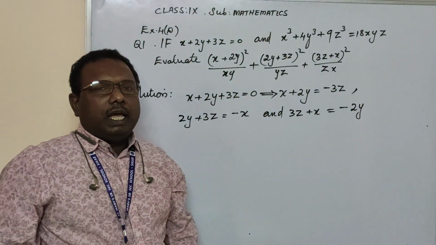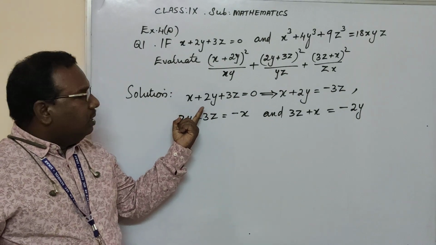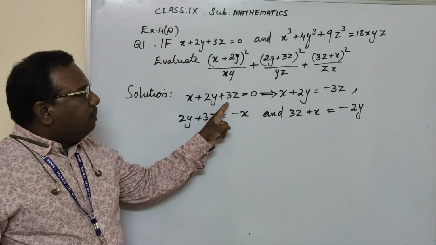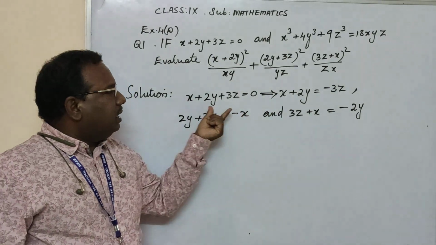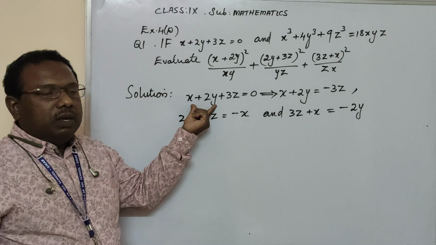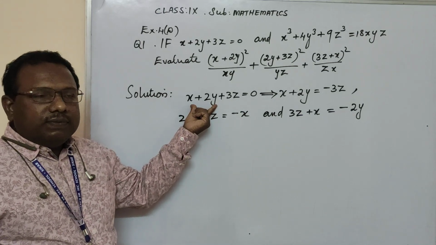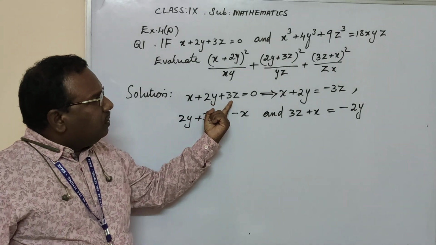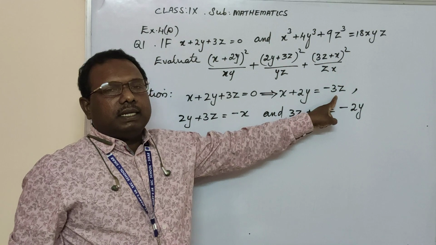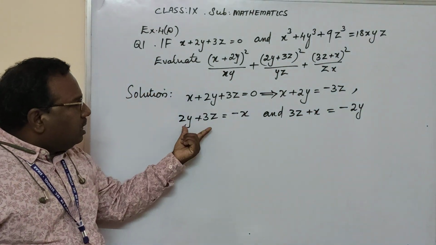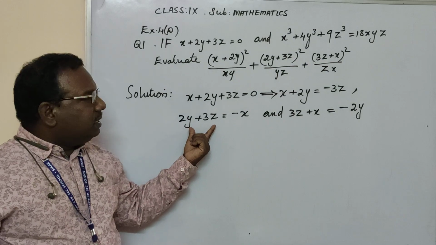Once more, I repeat the same. Very carefully look at the board. X plus 2y plus 3z equal to 0, which implies x plus 2y is equal to minus 3z. We write this x plus 2y in the LHS itself, and we take this positive 3z to RHS, so that it becomes minus 3z. Why do we find 2y plus 3z?